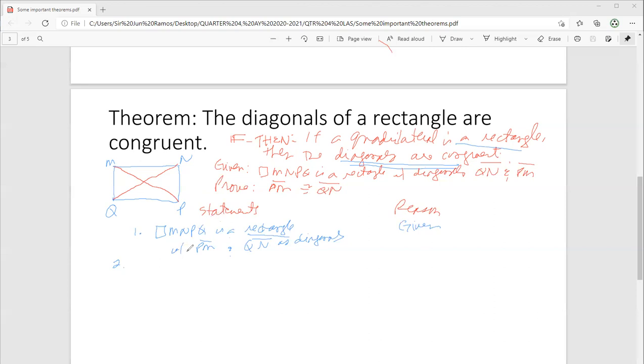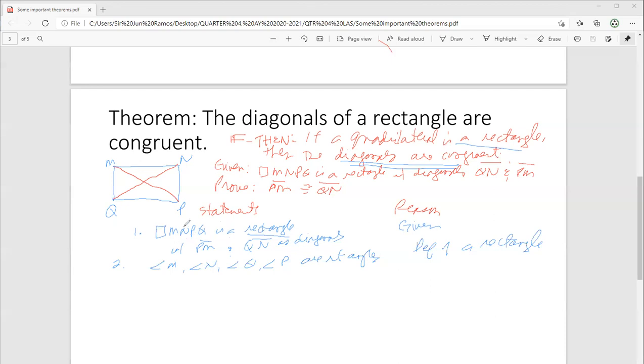So that's a corollary to the theorem. All angles of a rectangle are right angles. So I will just say here, angle M, angle N, angle Q, angle P are right angles, from the definition of a rectangle. Okay? So a rectangle is a parallelogram with one right angle.